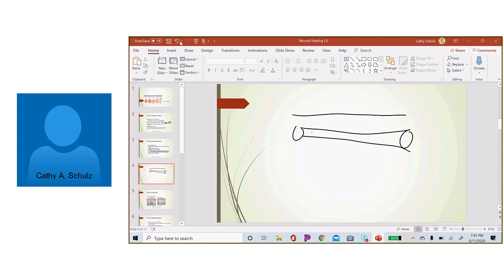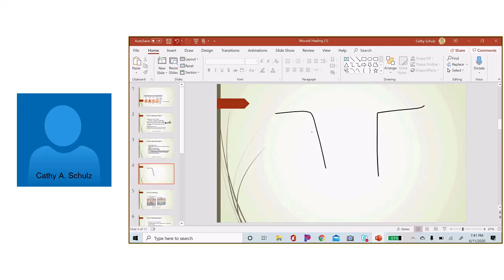But in this area, if we make it so that this is actually injured, in this area in the extracellular matrix is fibrin and collagen, you know, however we want to draw that, that can be induced to grow.